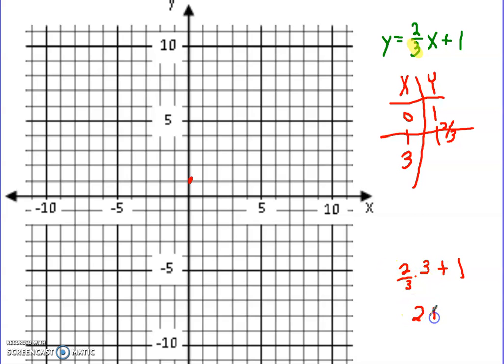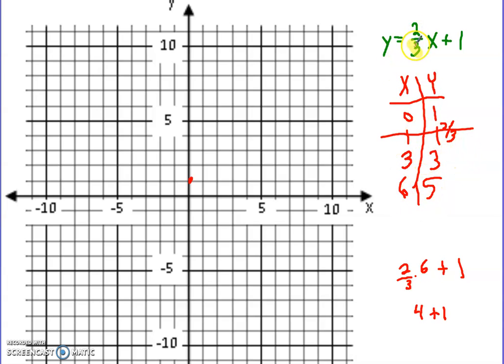Notice there's no fraction, so you're going to end up with a nice number. If I plug in 6, again I'm trying to do multiples of that denominator. 2 times 6 is 12, 12 divided by 3 is 4, and then 4 plus 1 is 5. I'm trying to find numbers that don't have fractions.